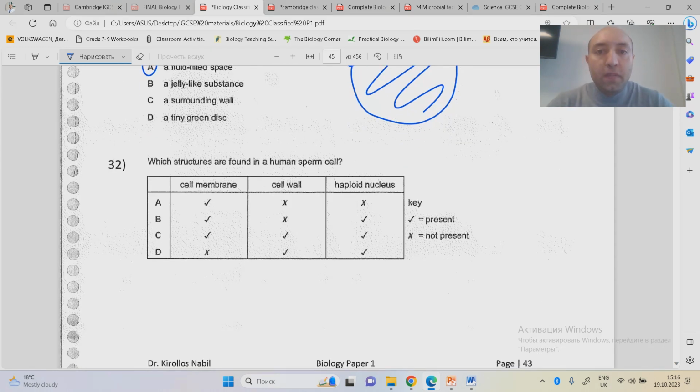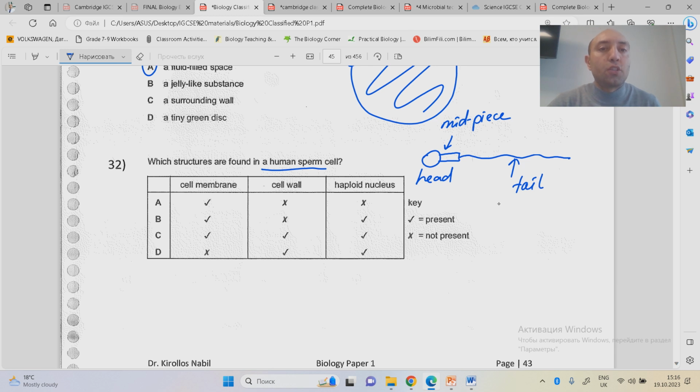Which structures are found in a human sperm cell? You know that the human sperm cell is a specialized cell in the human body. Not only in humans, we can also find it in animals. They have three parts of the body: the head region, the middle piece, and the tail.